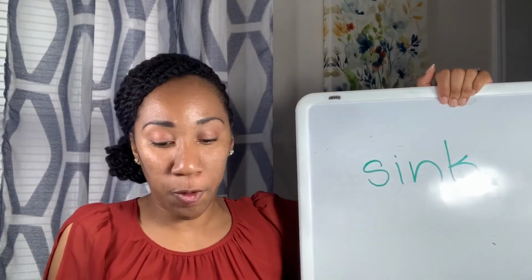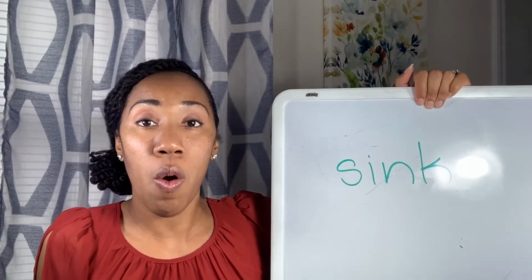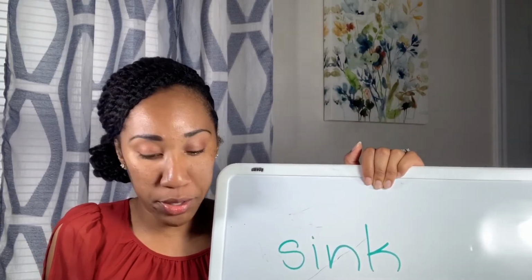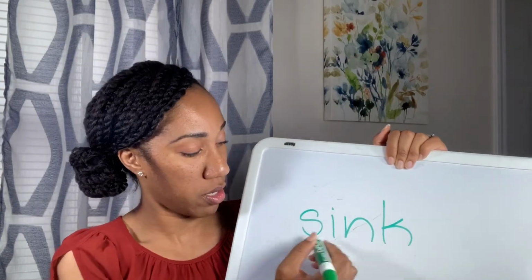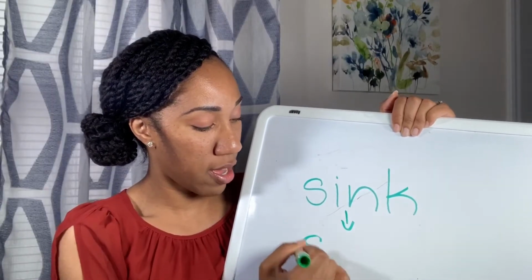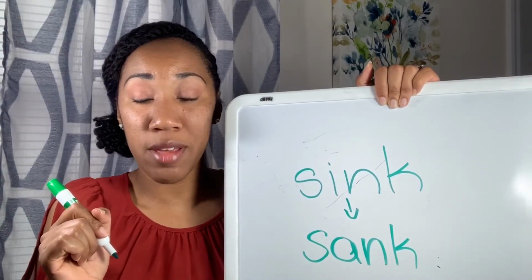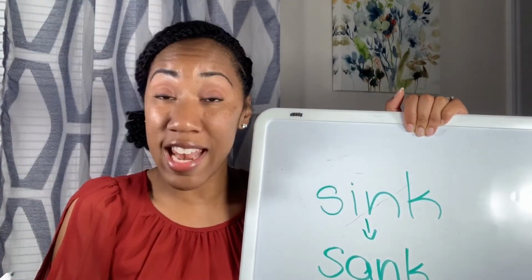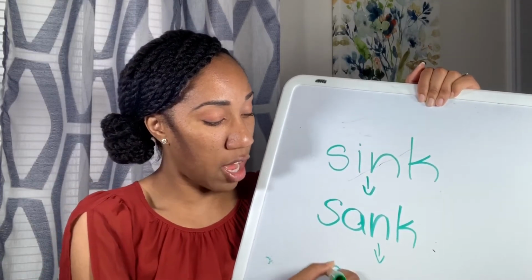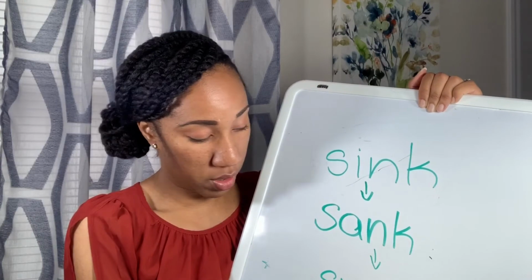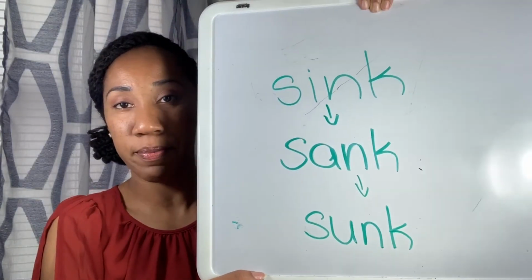Okay, so for example, you might say my toy boat sinks in the tub, or what you can do if you want to do the past tense is yesterday my boat sink is going to become sank. Yesterday my boat sank. Or another past tense verb for sink is actually the word sunk. Okay? My toy boat has sunk every single time.